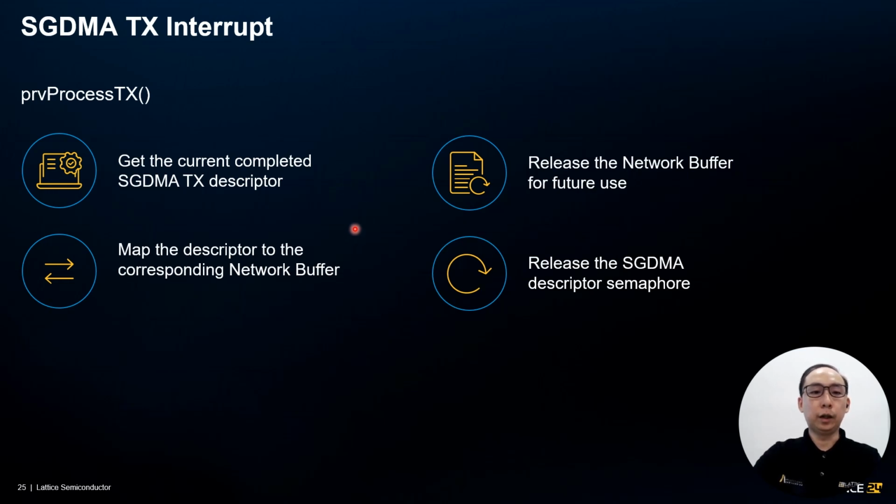So by referring to the TX descriptor, the API will map the descriptor to the corresponding network buffer and release the network buffer accordingly since the data has been transmitted. And finally, the API will also release the SGDMA semaphore to indicate that in the next processing, there is an available DMA descriptor for use.